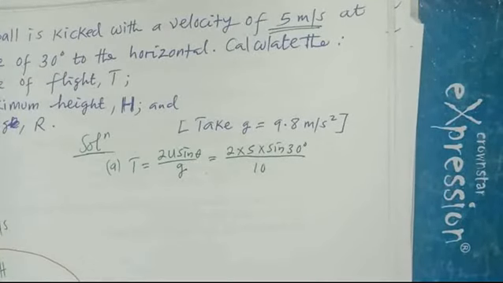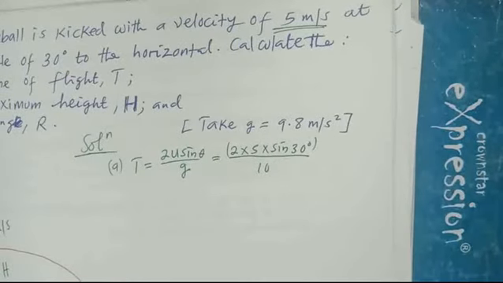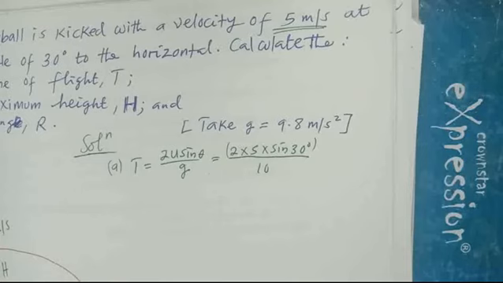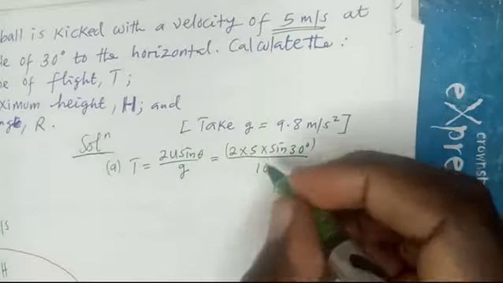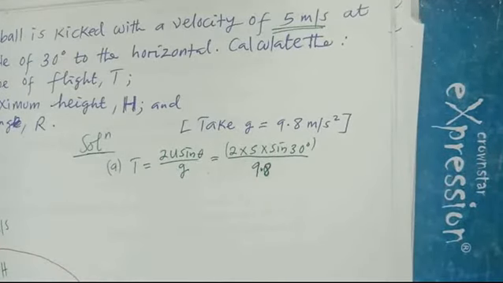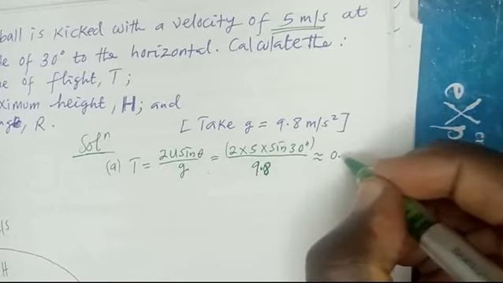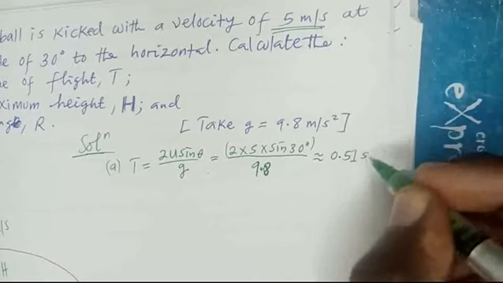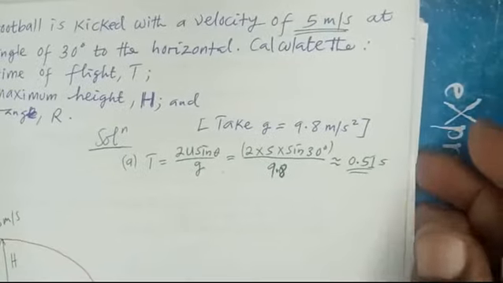Then we take our calculator and press open bracket, 2 times 5 times sine 30 degrees, then close bracket and press divided by 9.8. We were asked to take 9.8 for g. This will give us approximately 0.51 seconds. This is the time taken to complete the motion.